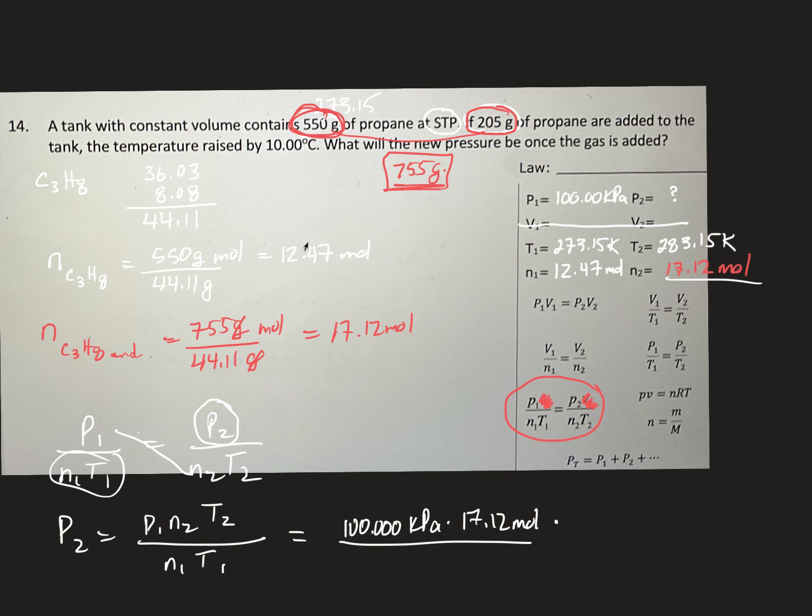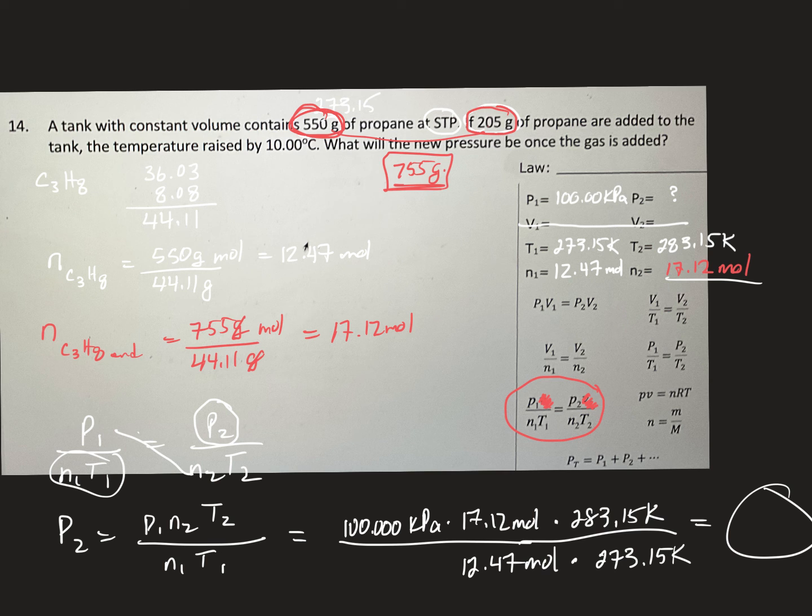Temperature 283.15 Kelvin, over first moles, 12.47 moles, times the first temperature, 273.15 Kelvin. Do that on your calculator and come up with the answer. If you're using decimals on a regular calculator, put brackets around the top, and brackets around the bottom with the divide. All right, hopefully that helps.